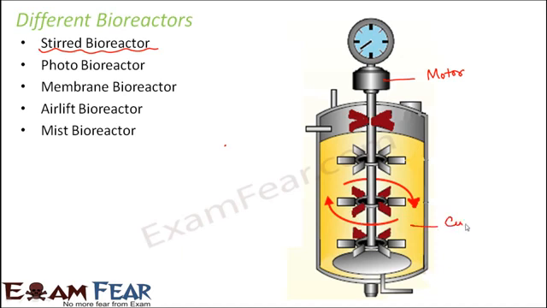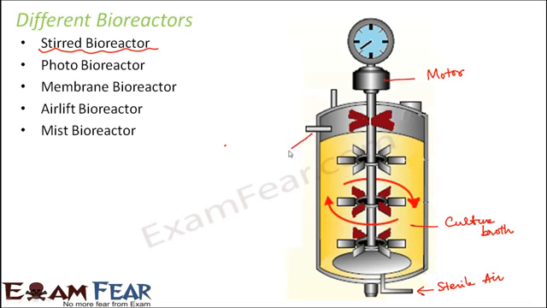Here you have the culture broth. This is where the organisms are cultivated. You have an opening here from where the sterile air gets in. Sterile means pure, which is free from any sort of contamination.